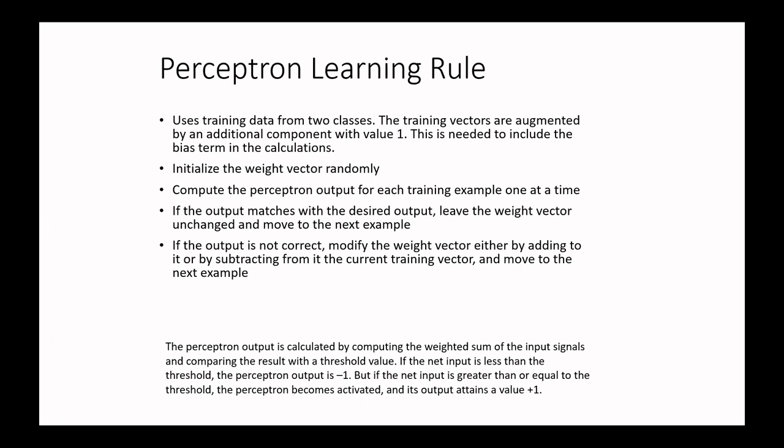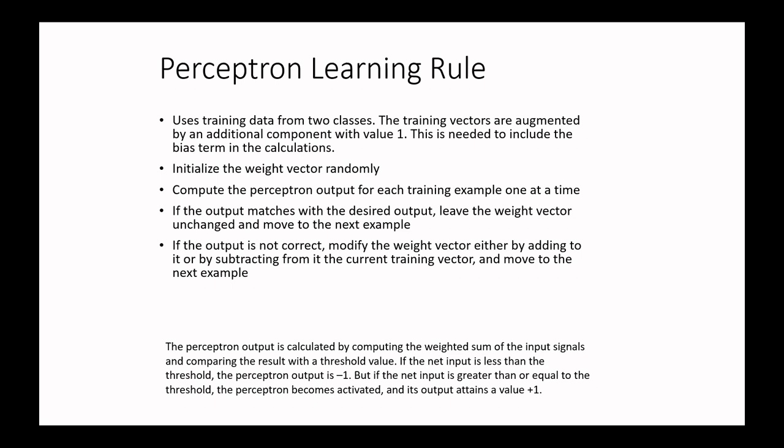If it is not produced, that means we need to increase the output. And one way to increase the output is by adding the current training example to the current weight values. That way the weight values will go up and you are pushing your example towards the correct side.